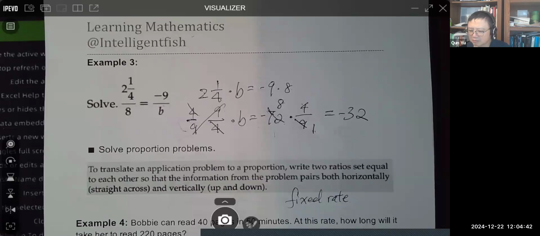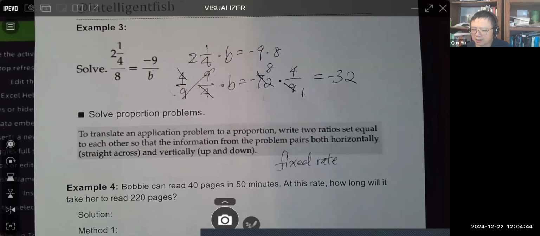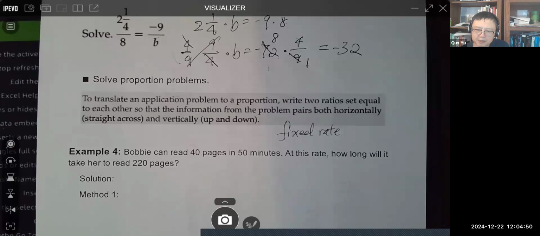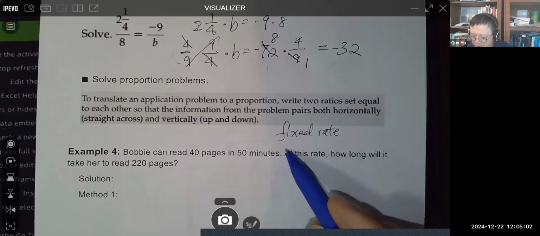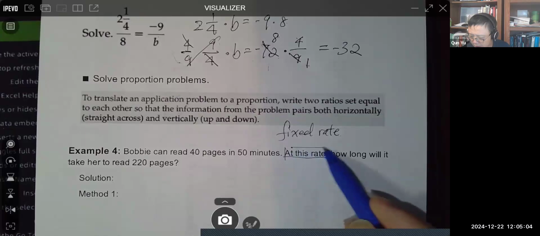Now let's look at an example to see how we translate a description into a proportion setup. Example 4, Bobby can read 40 pages in 50 minutes. This is just a basic description. This is a fact. At this rate, now here's the most important information in this whole thing, not this number.